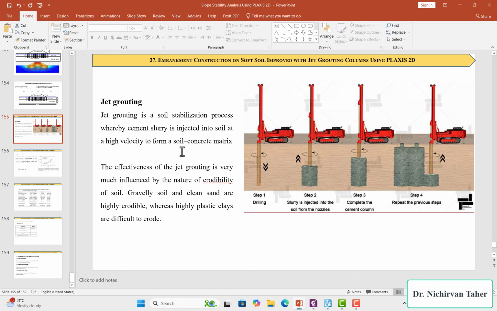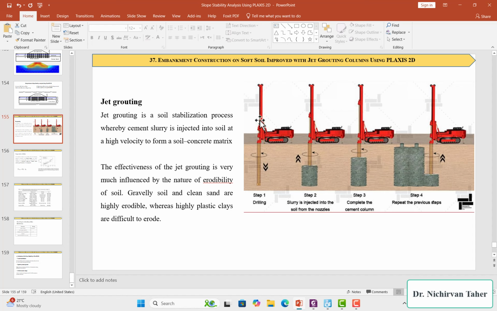So first I want to shortly talk about jet grouting. It is one of the methods for stabilization or improvement of weak soil. In this improvement technique, cement slurry is injected into the soil at a high velocity to form a soil concrete mix using a special machine.